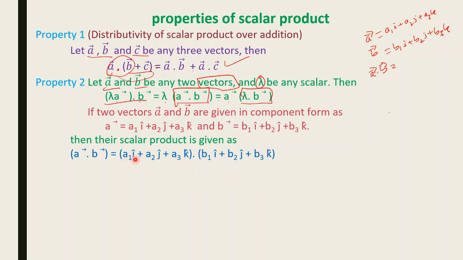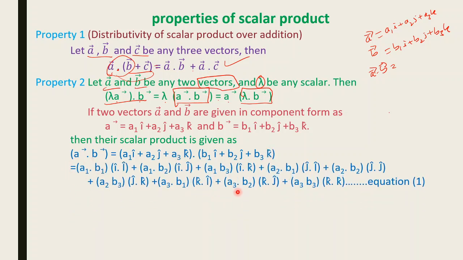Now the second one: A2 B1 j dot i, A2 B2 j dot j, A2 B3 j dot k, A3 B1 k dot i, A3 B2 k dot j, A3 B3 k dot k. Write this as equation 1.